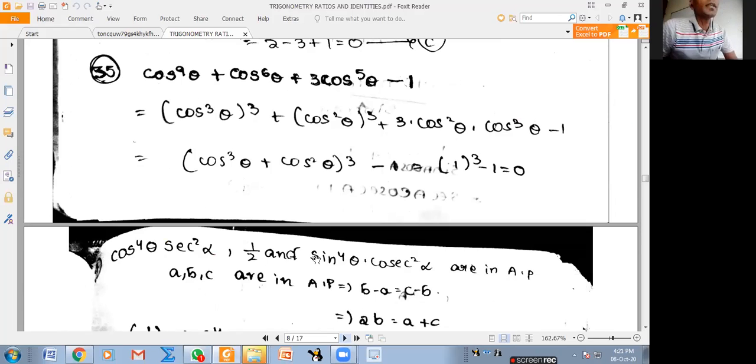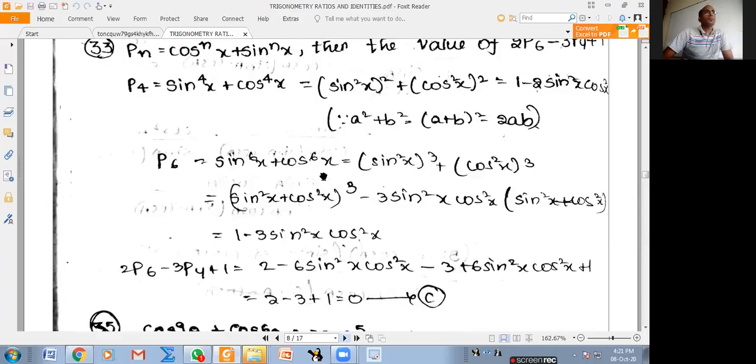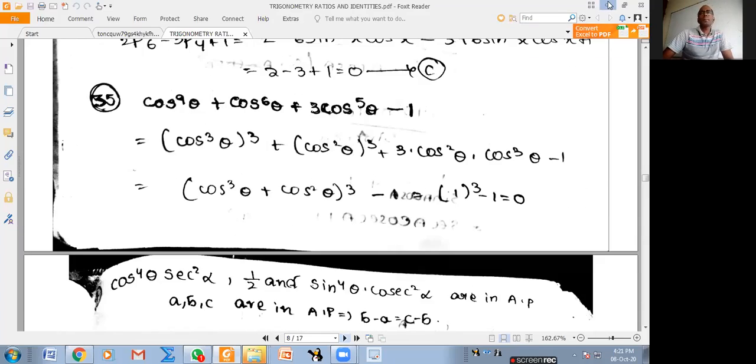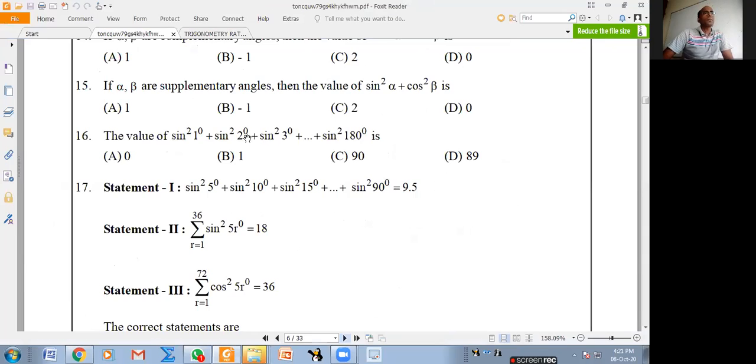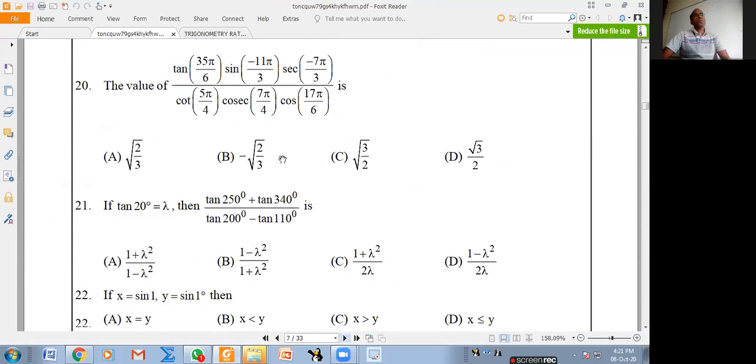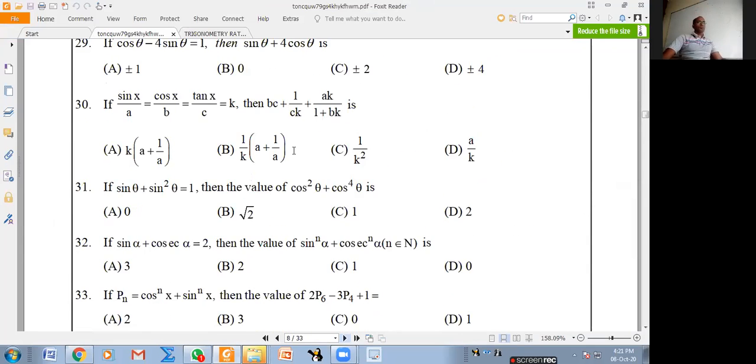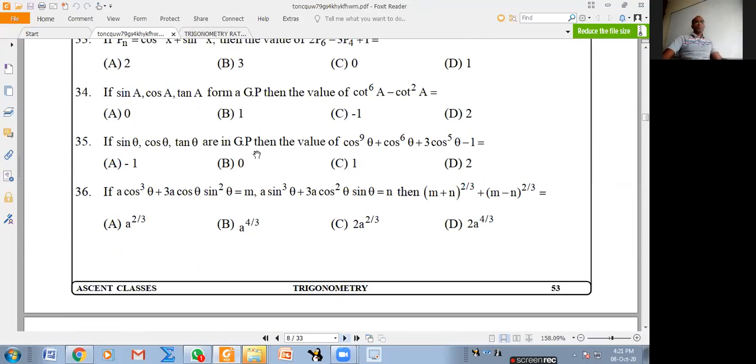In question 35, I think they gave something already. Cos theta plus cos square theta is 1. Let us see what is in question 35. Oh, there's something else here.